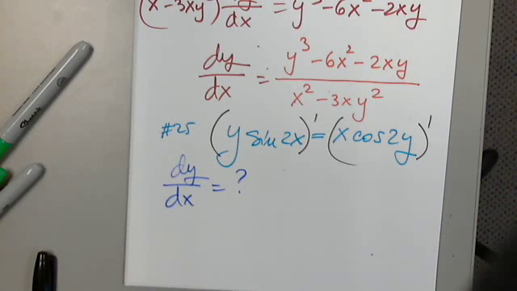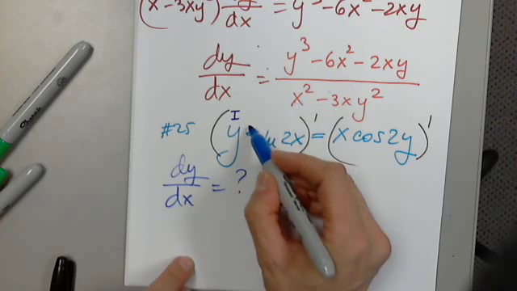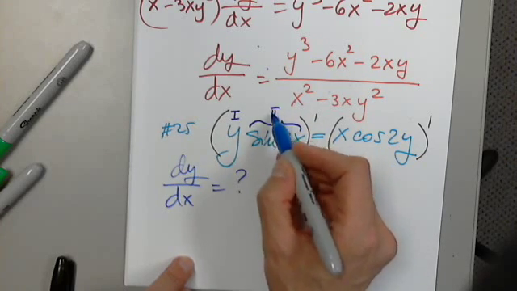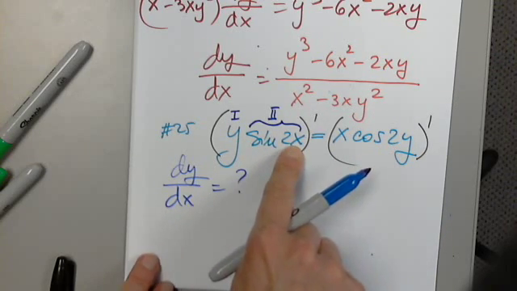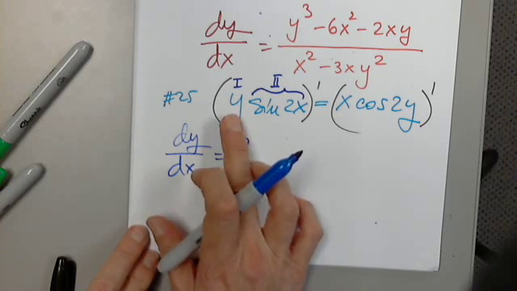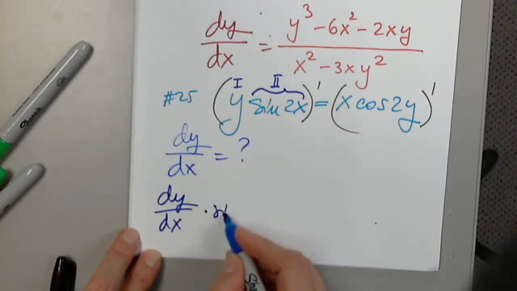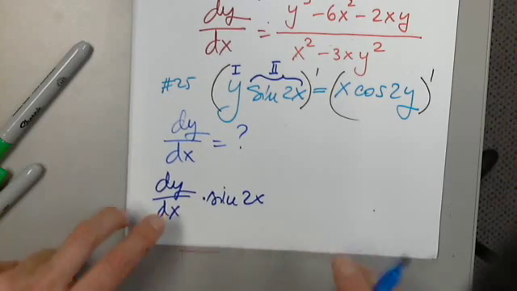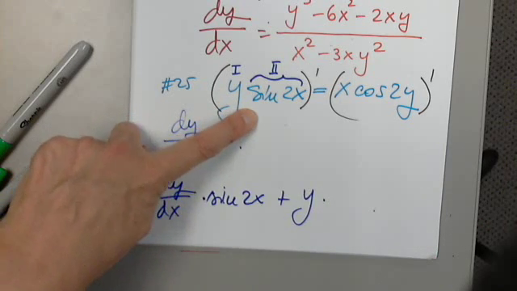Perfect. Let's look at the left-hand side. A lot of work. This is one function. This is another function. And also the inner function of sine is 2x. So, first I have to apply the product rule. Awesome. Whatever that is, sine 2x plus times, so now I have to think.